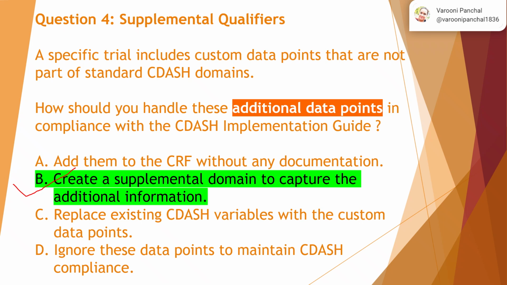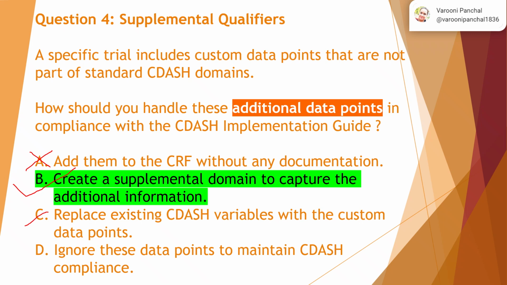Option A says add them to the CRF without any documentation. No. In clinical trials, wherever you are dealing with real-world human data, you cannot add things into the CRF without documentation. Documentation is a key integral part of clinical trials to maintain the records. Option C says replace existing CDASH variables with the custom data points.